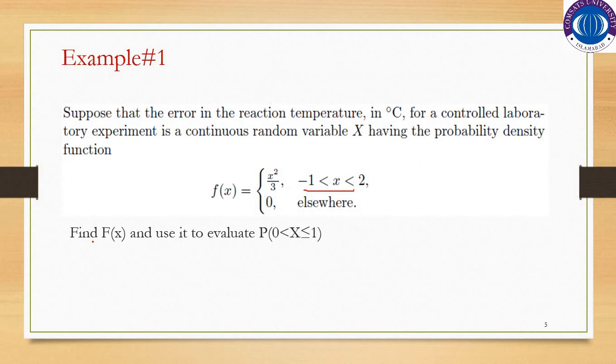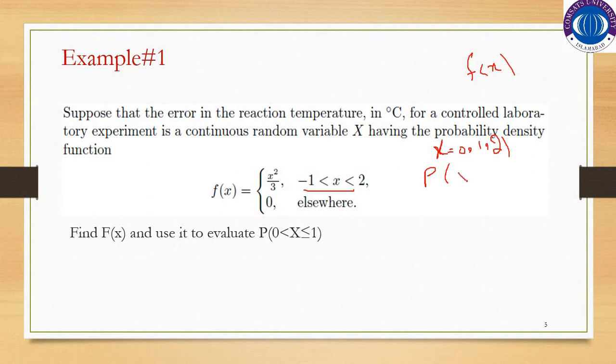Let me tell you something here. In the discrete case, let's suppose your random variable has the limit small x equal to 0, 1, 2, and you have some probability distribution function f of x, where x is the discrete random variable.